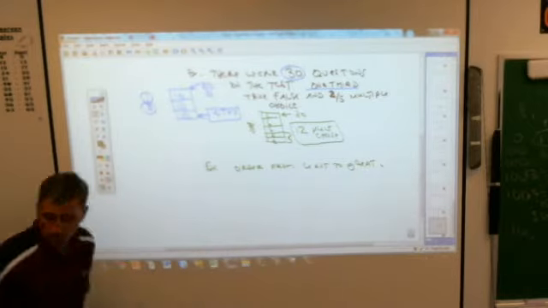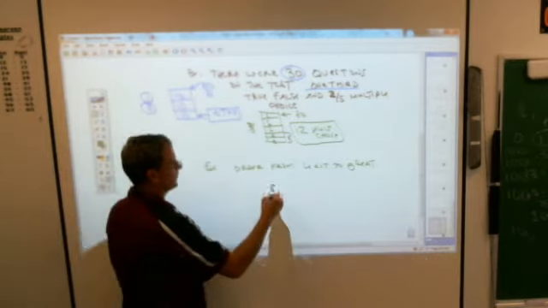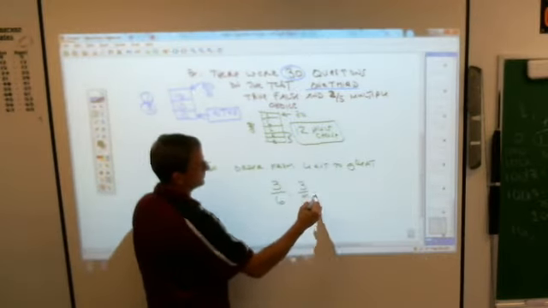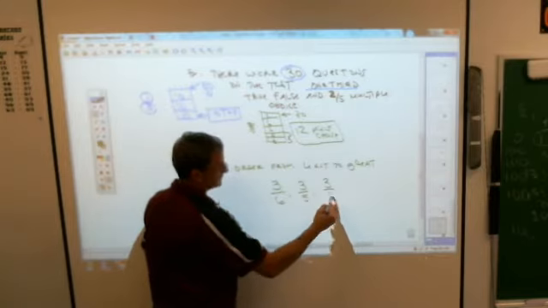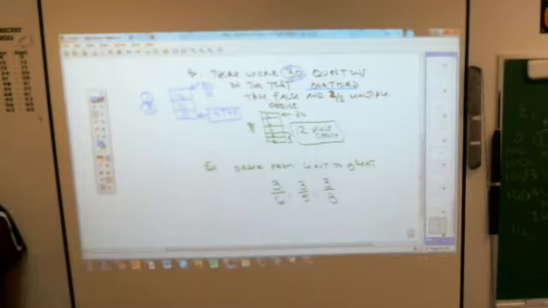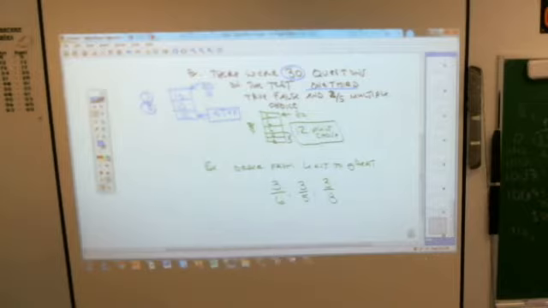And then they'll give you 3 fractions: 3/6, 3/5, 3/8. If I'm trying to find the smallest, next smallest, and then the biggest one, there's a couple ways you can do this. You can change them all to the common denominator, which is what we'll do in the end. But for this one, you don't need to do that.